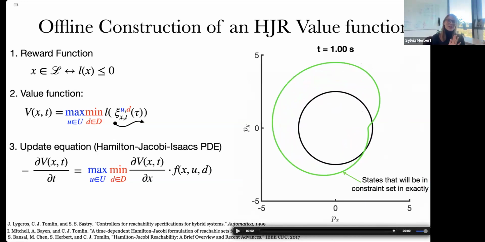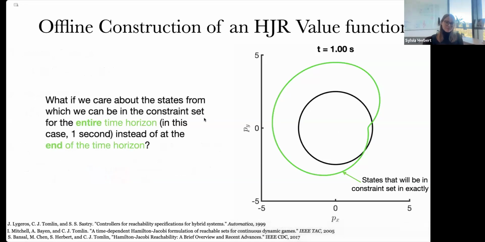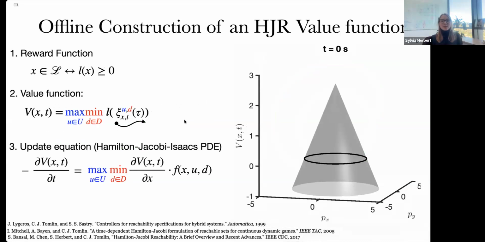Now, you might point out to me that you don't care about being in your constraint set at the end of 1 second. You care about being in your constraint set the entire time. So how can we modify this in order to encode that it needs to be safe the entire time? Well, for this, we need to make this one step more complicated.